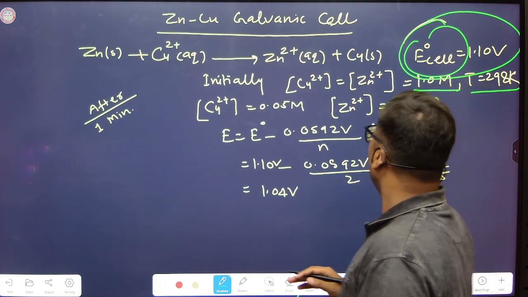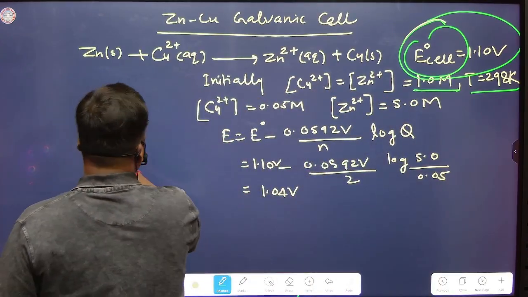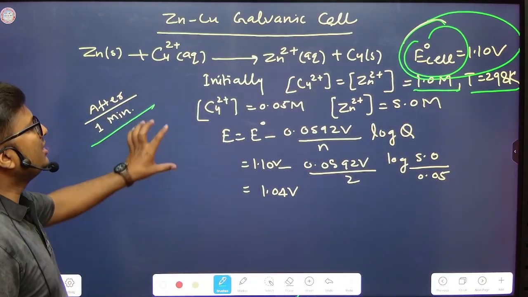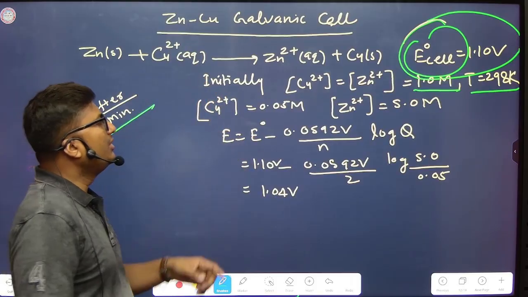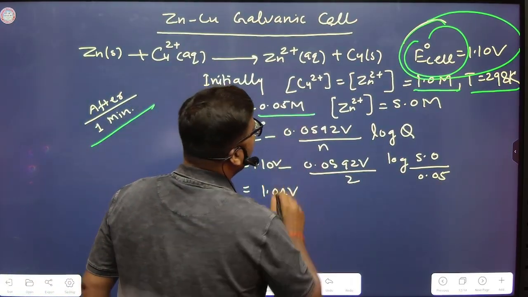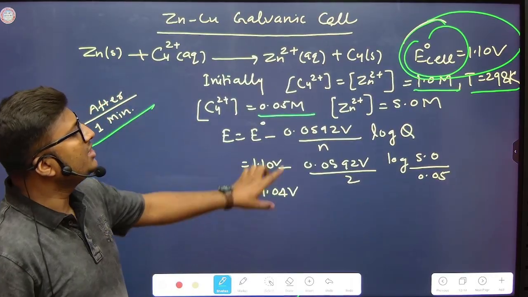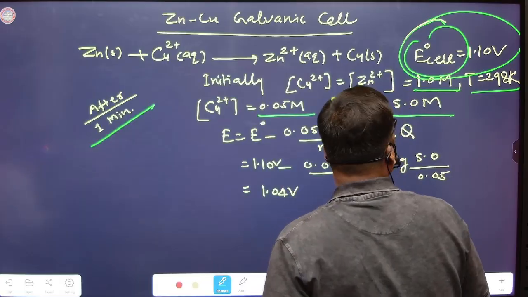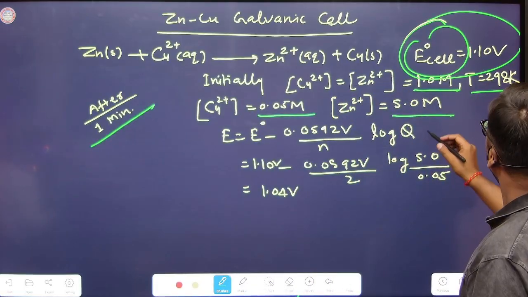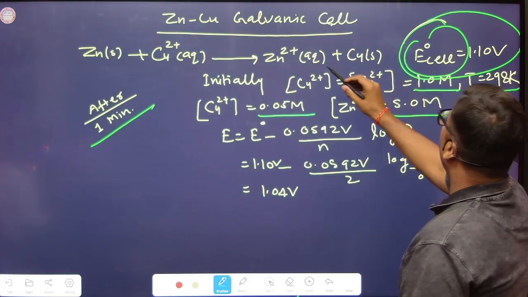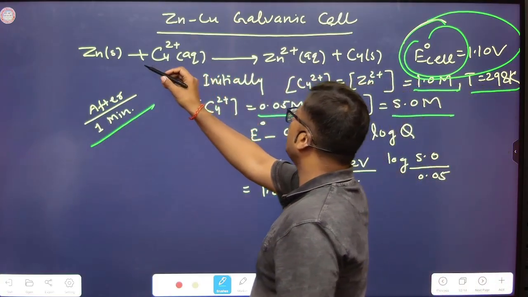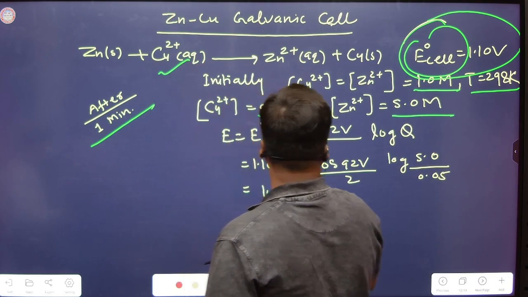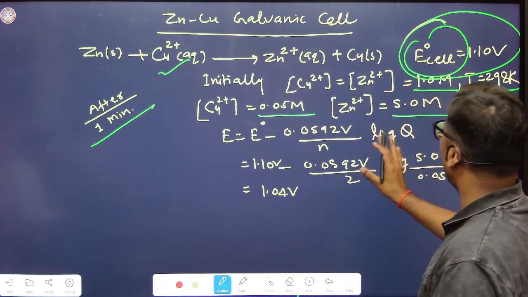Now after 1 minute, the concentration of copper 2 plus is 0.05 molar and the concentration of zinc 2 plus is 5.0 molar. So the concentration of zinc 2 plus increases and the concentration of copper 2 plus decreases. It is clear from the concentrations.